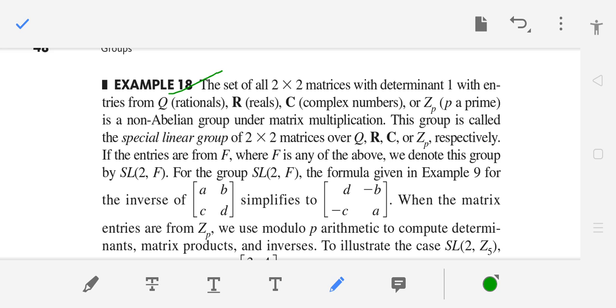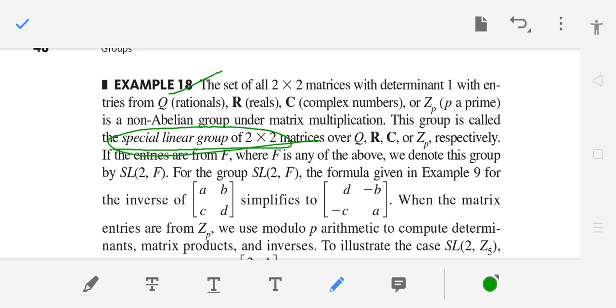The set of all 2 by 2 matrices with determinant 1 with entries from Q, R, C or Z_p is a non-abelian group under matrix multiplication. Here the determinant of all the matrices is going to be 1. This group is called the special linear group. Like in GL_n(R) where you take the determinant non-zero, here you are precisely taking the determinant to be 1.